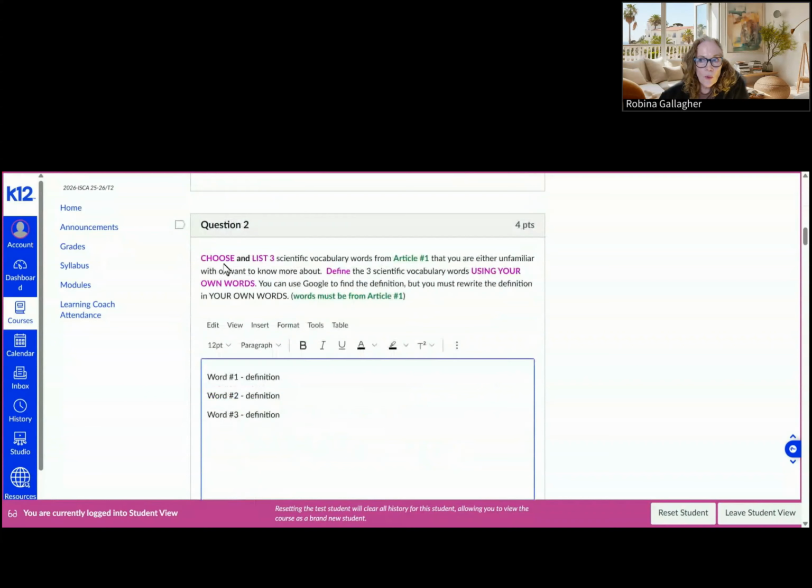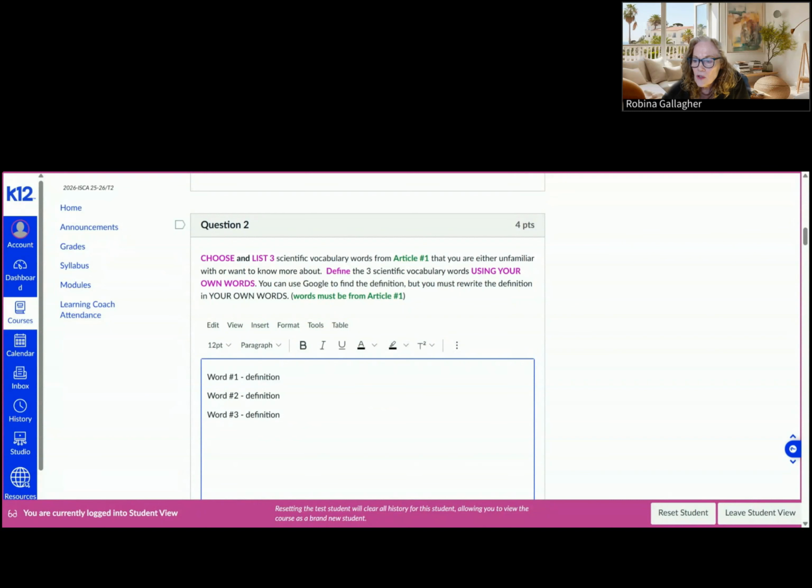So question number 2 says, choose and list 3 scientific vocabulary words from that article number 1 that you are either unfamiliar with or want to know more about. You're going to define the 3 scientific vocabulary words using your own words.